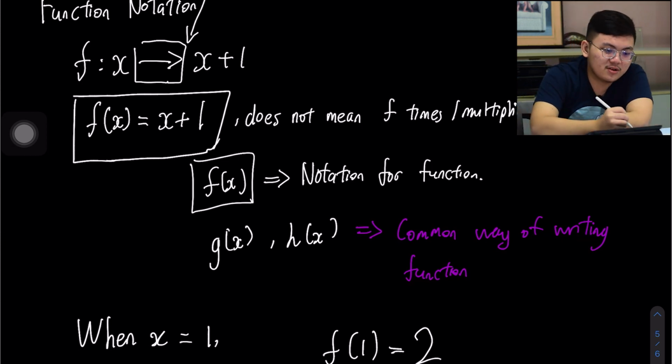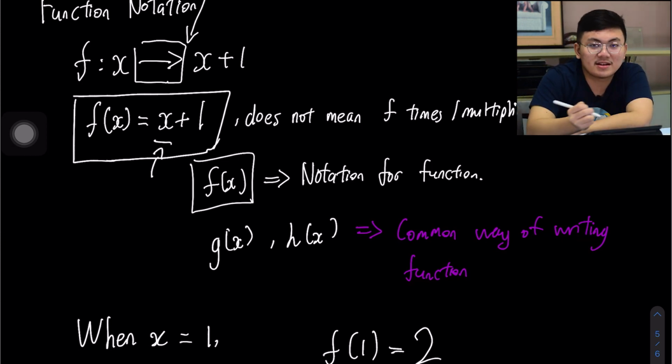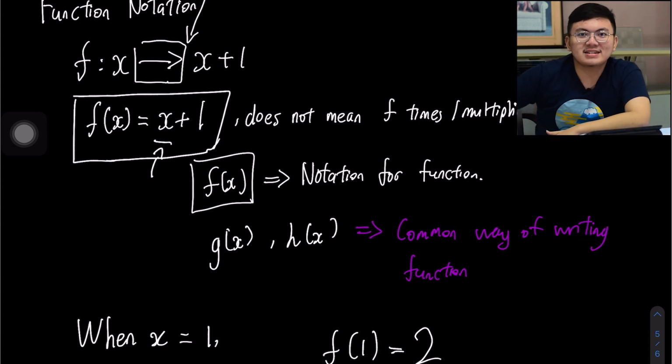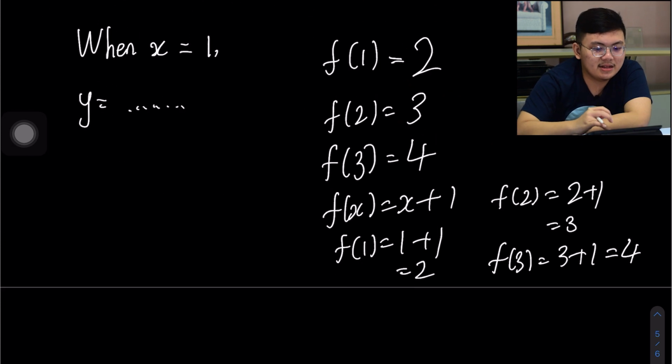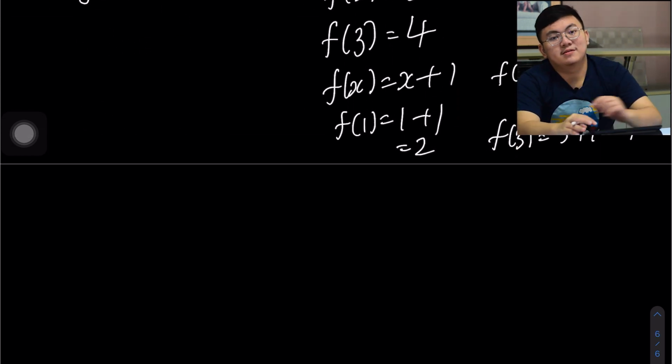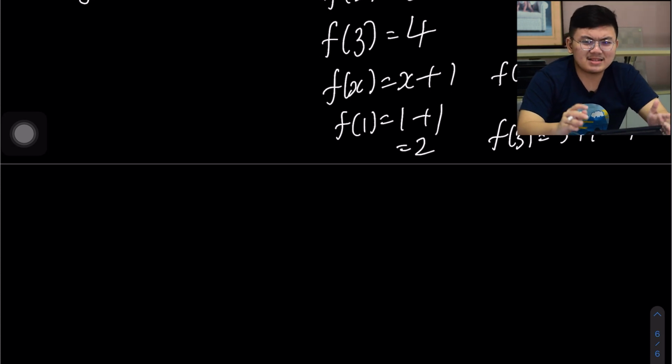So you know x is the object. The object plus 1 comes out, and f of x is the image. This is what we call function notation. There are a lot of functions you have learned.